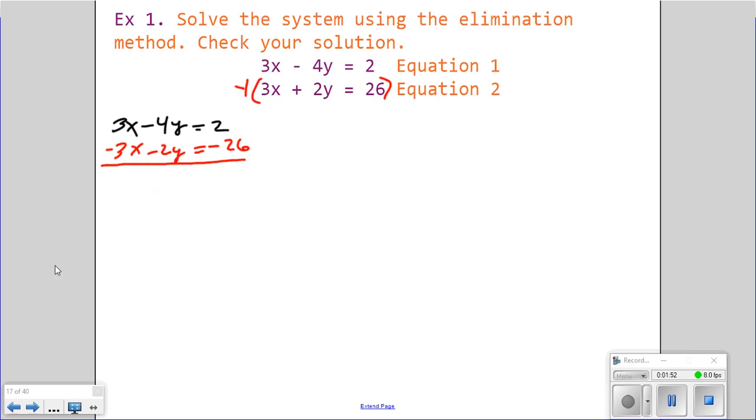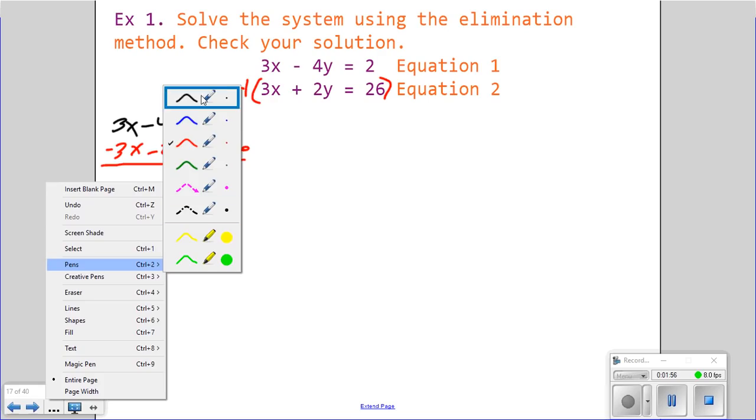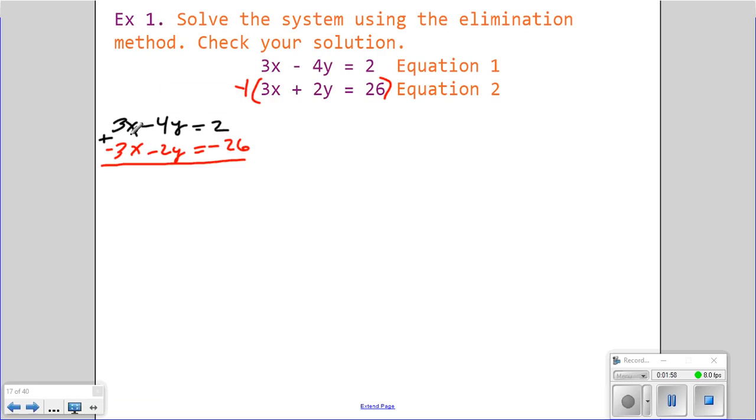Now we're going to add the two equations together. So 3x plus negative 3x is 0. Negative 4y plus negative 2y is a negative 6y. 2 plus negative 26 is a negative 24.